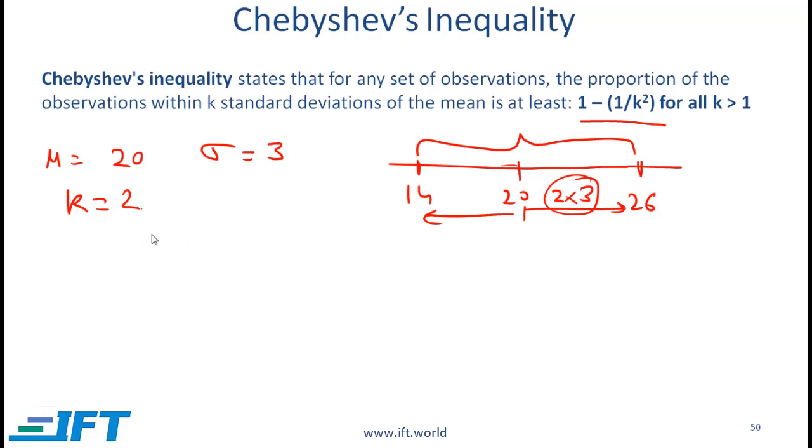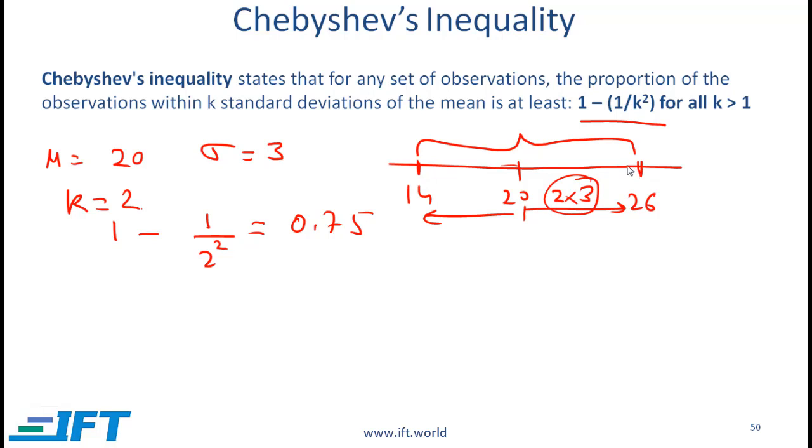So the proportion of observations that must lie within 2 standard deviations of the mean is equal to 1 minus 1 over 2 squared, 1 minus 1 over 4. So this is 0.75. In other words, Chebyshev's inequality tells us that at least 75% of the data lies within 2 standard deviations of the mean.